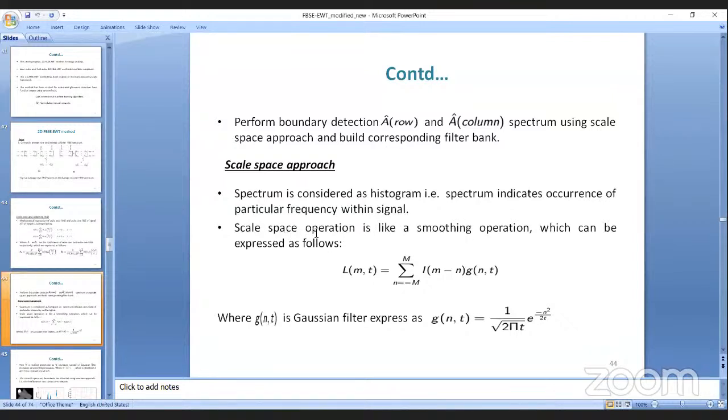The scale space operation is also like a smoothing operation. Here you can see an image convolved with a Gaussian filter, expressed with the following mathematical equation, and that is one kind of smoothing filtering process.